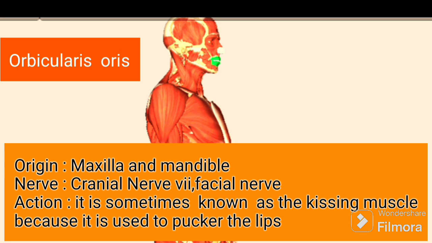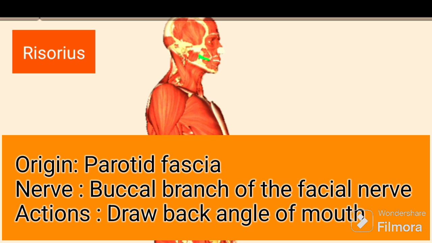Now, there are other oral muscles that act on the lips and mouth. Anatomically, they can be divided into upper and lower groups. The upper group contains the risorius, which is responsible for the lateral movement of the mouth, and the orbicularis oris, which is found around the lips. It closes the lips and is responsible for whistling and kissing.